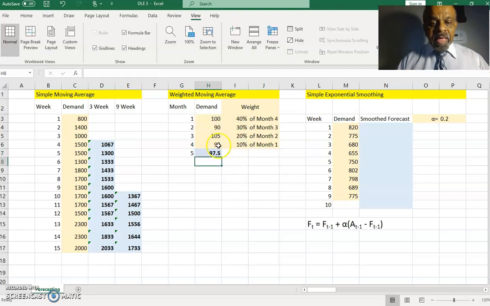If I take that, the weighted moving average for the 5th month is 97.5.